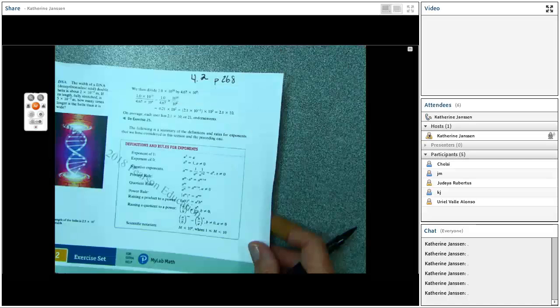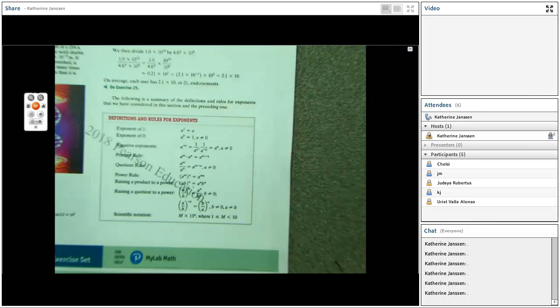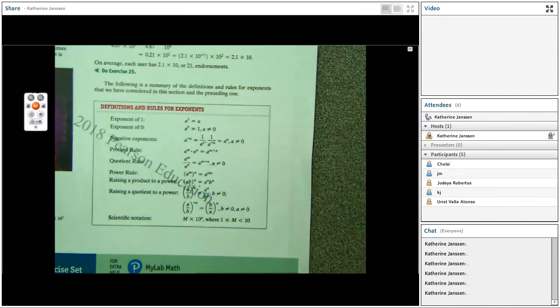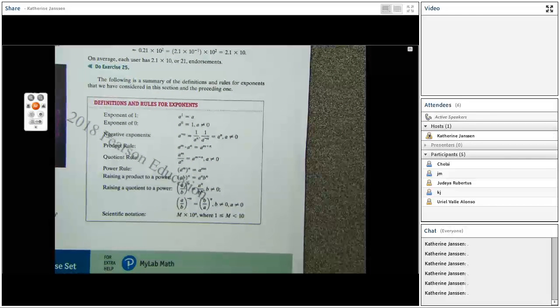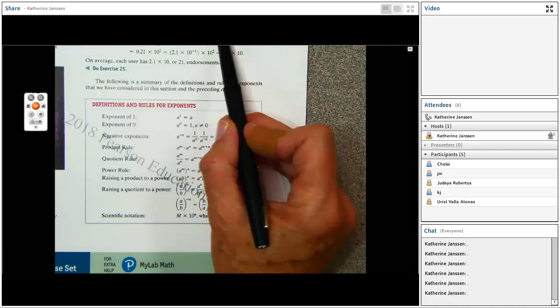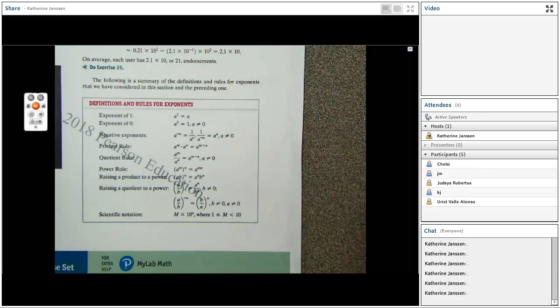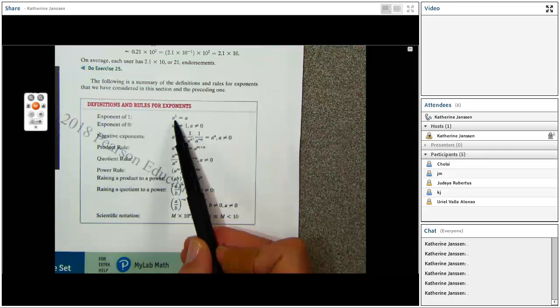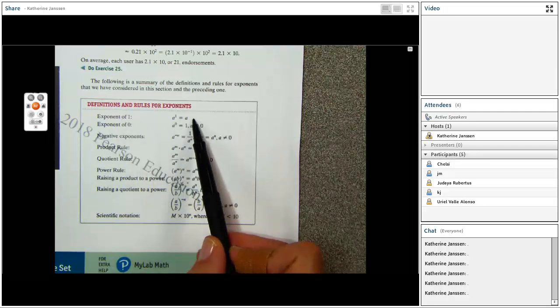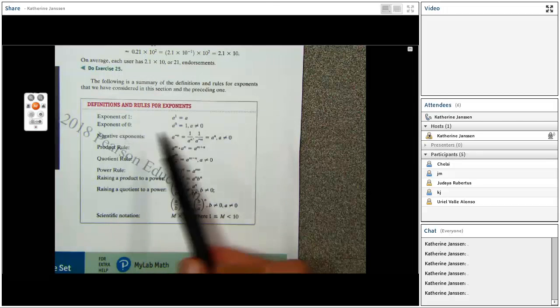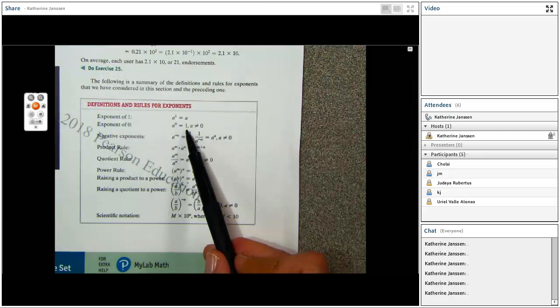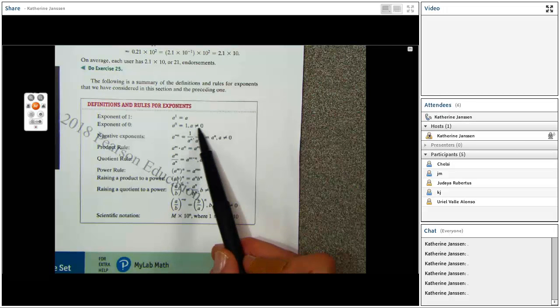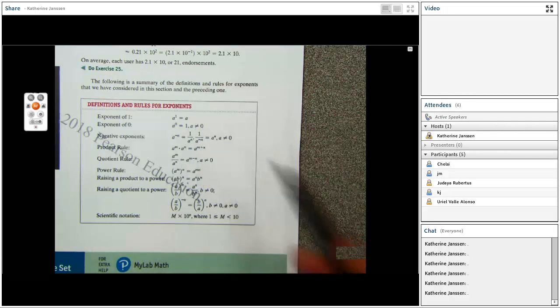On page 268, we have our final recap of definitions and rules for exponents. So a good page for you to review a bit is page 268. And reminders that an exponent of 1, any base raised to the first power is the base itself. An exponent of 0, any base raised to the 0 power is 1 by definition, except a cannot be equal to 0.